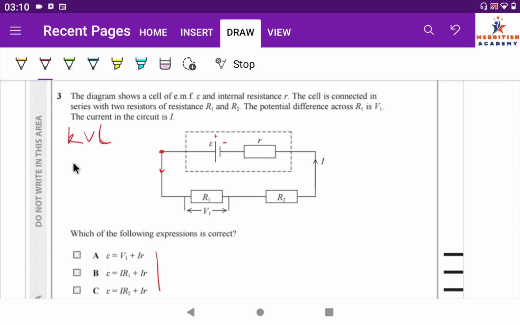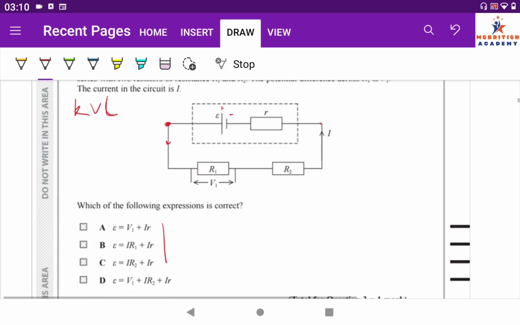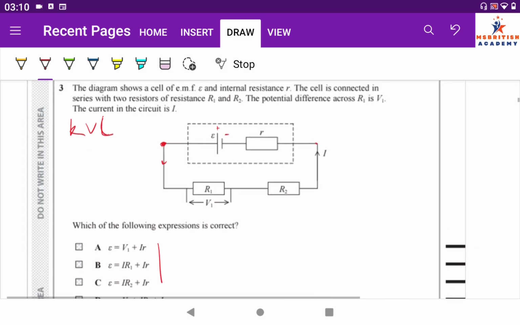So at this point you can write this as the epsilon.